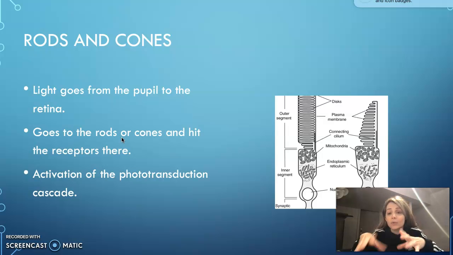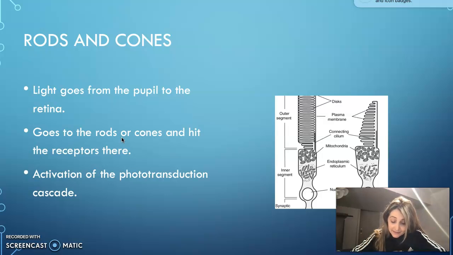Within the rods and the cones, and I'm going to be focusing on the cones, even though the shapes are different, the inner structure is very similar. Both of these have a bunch of discs stacked on top of each other. These discs have some proteins on them that are going to be the photoreceptors.